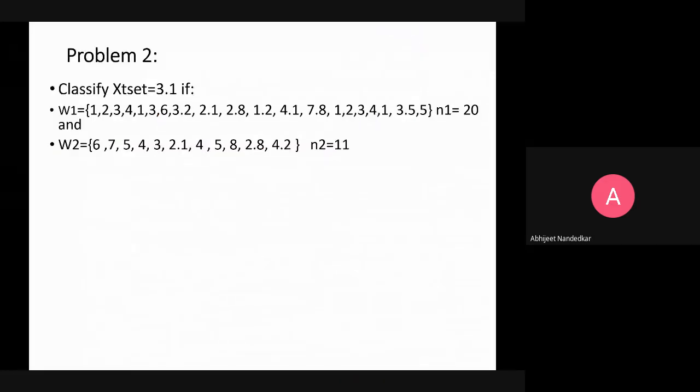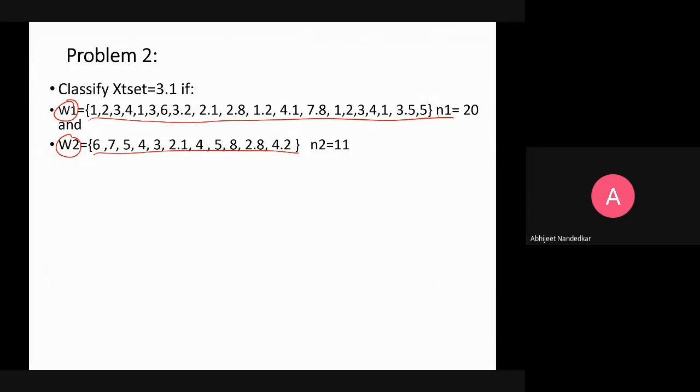Now let us use this Parzen window in a second problem. We can also note down this problem. Here the problem is to classify x test equal to 3.5. You have to find out the class for this, if say this is omega 1 and this is omega 2. These are the samples of omega 1 and these are the samples of omega 2.